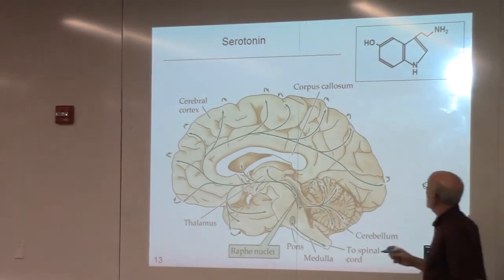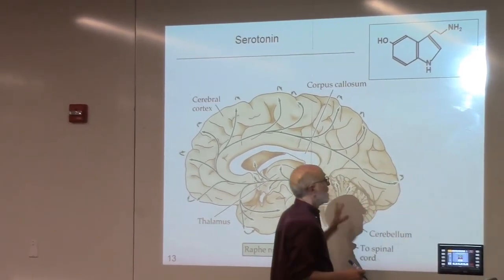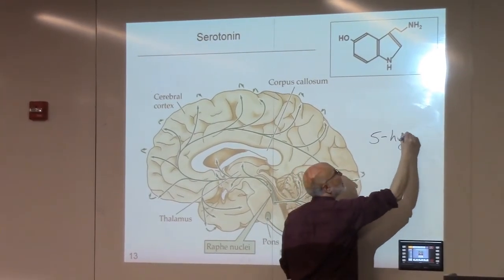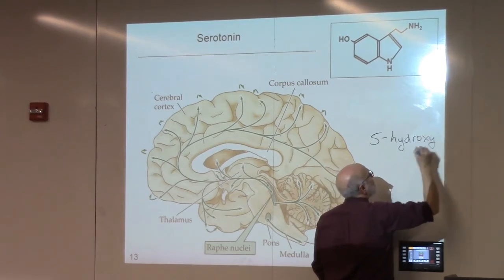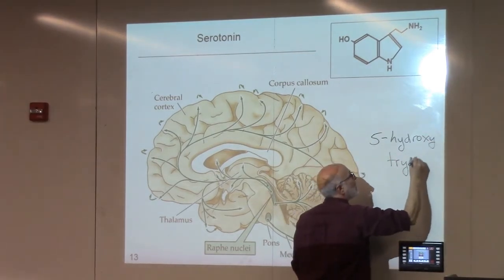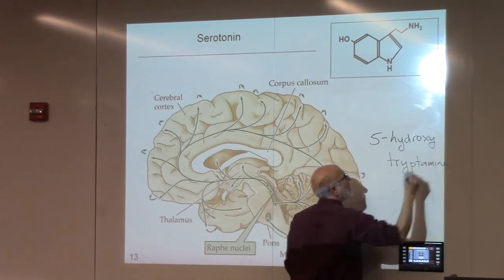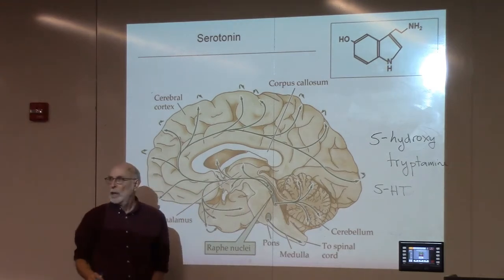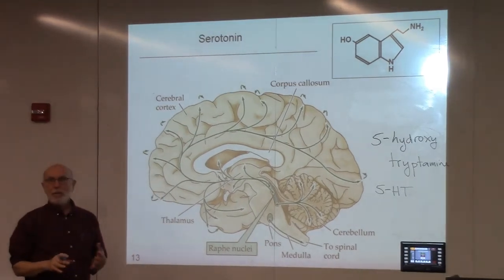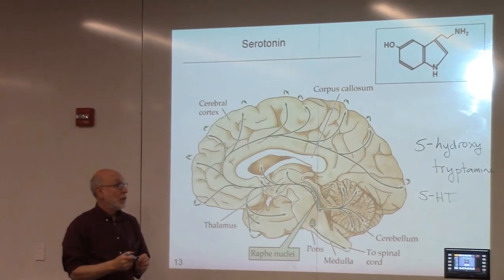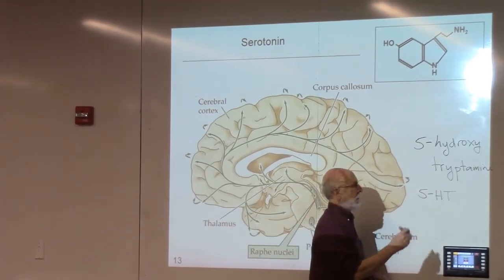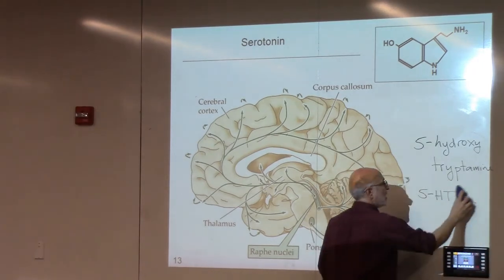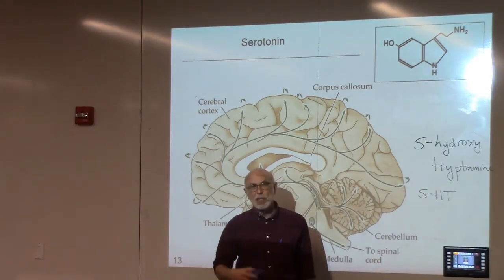By the way, here's an important bit of information. Serotonin is also called 5-hydroxytryptamine, and it's abbreviated 5-HT. I'm going to use the word serotonin. But I just want to point out that if you go into the literature and you see 5-HT, the 5-HT1 receptor, for example, it's a serotonin receptor, because 5-HT is serotonin.